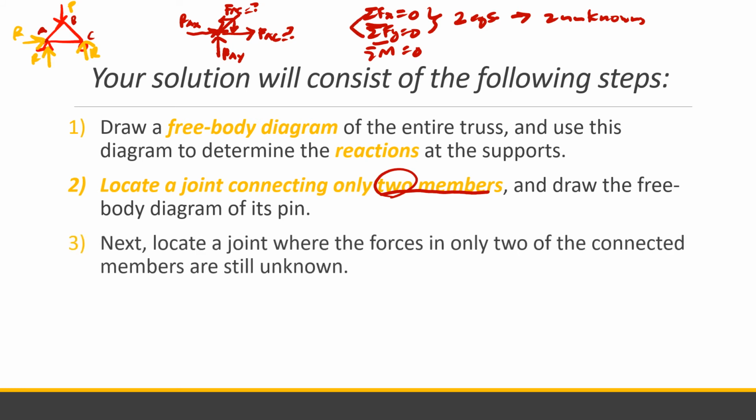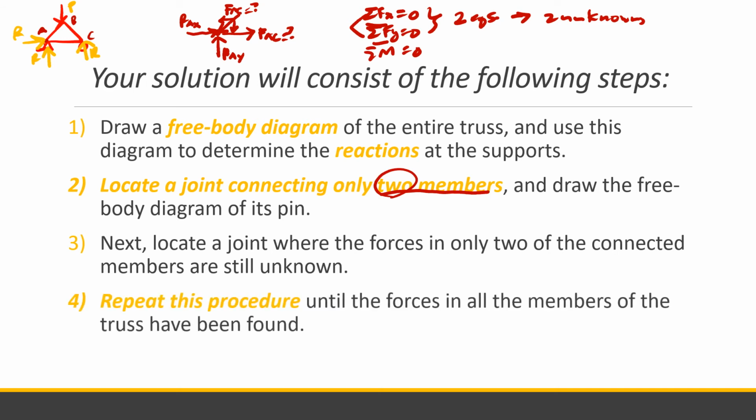Now, third is to locate a joint where the forces in only two of the connected members are still unknown. Next is a simple truss, which we will discuss later in an example. So we maintain selecting a joint where the unknowns are immediately solvable. Then repeat this procedure until the forces in all the members of the truss have been found.